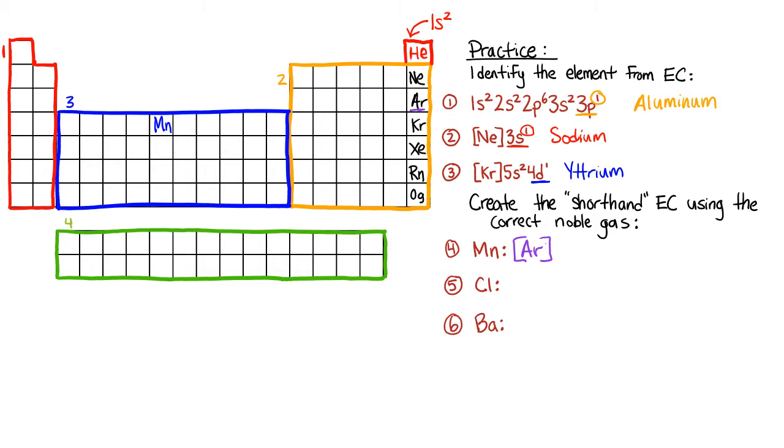That means that we would pick up at 4s2, which would be this section here. Then we jump into the 3D, and we already can see that it is 1, 2, 3, 4, 5 into that section. And that would be the shorthand configuration for manganese.